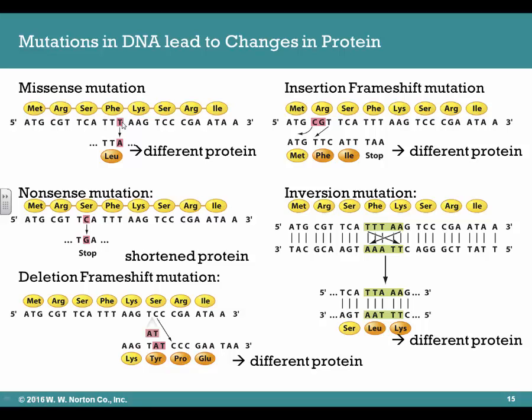So in that case, you wouldn't see a different protein. You would see the same protein. And that's what we call, not a nonsense, but a silent mutation. And silent mutations don't change the function of the protein.